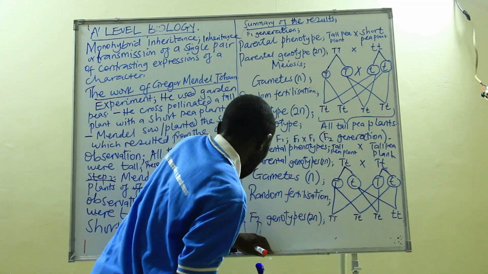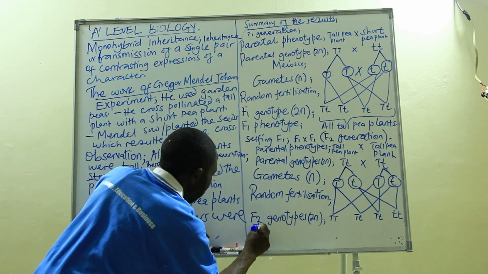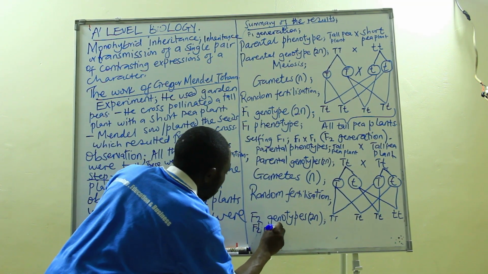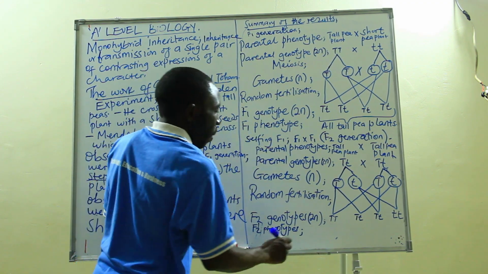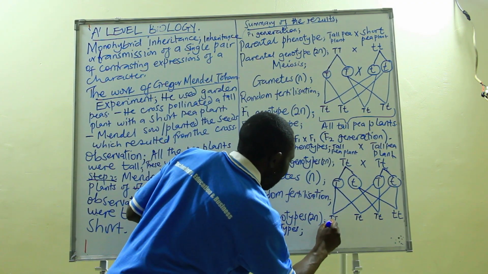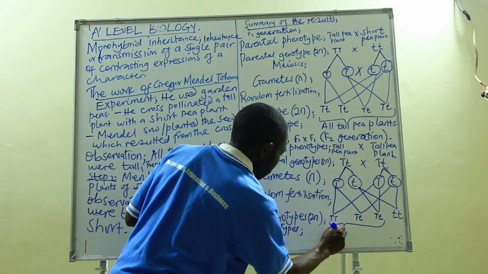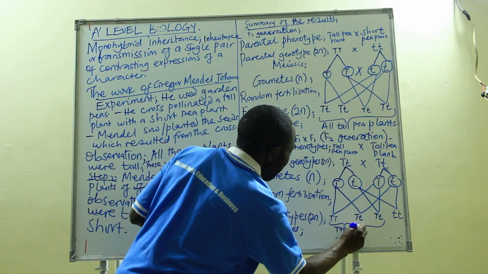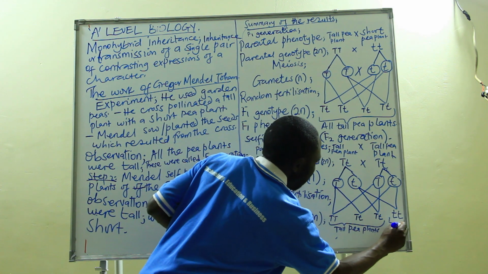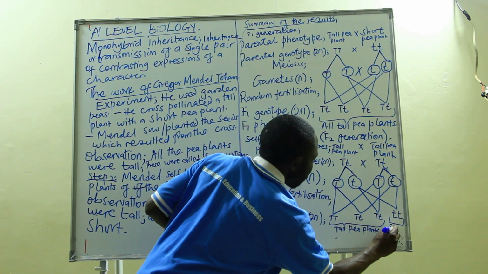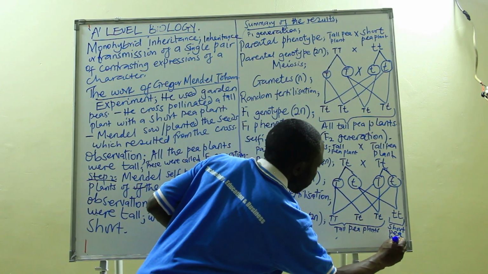So we can also talk about F2 phenotypes. We have these three plants, these ones here. They are tall pea plants. And then one is short pea plant.